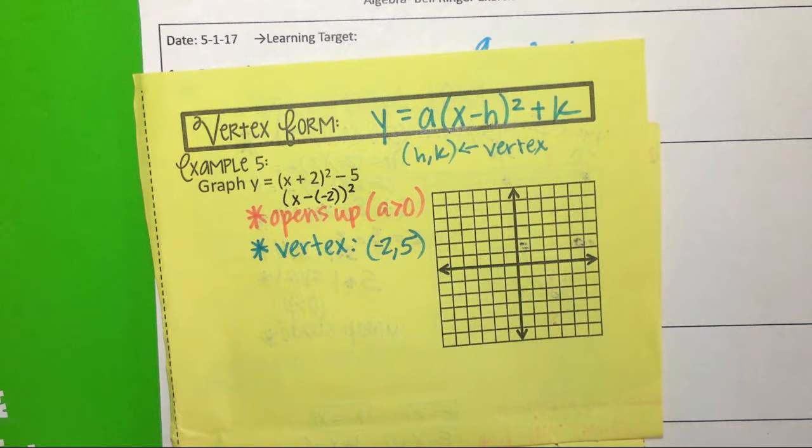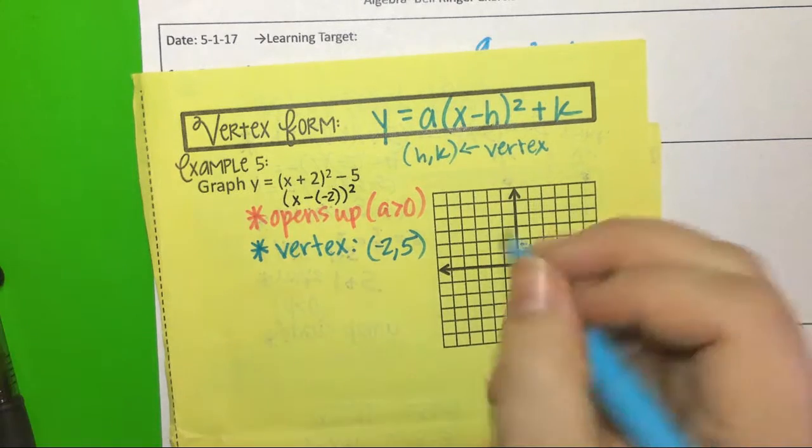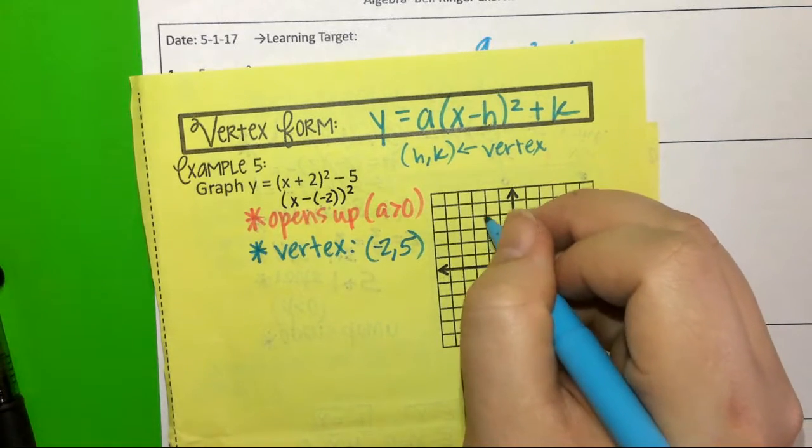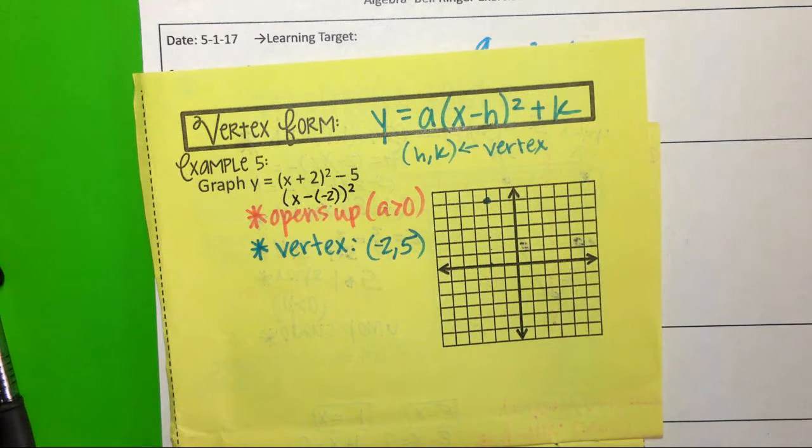Is my vertex at negative 2, 5? Where is my vertex?